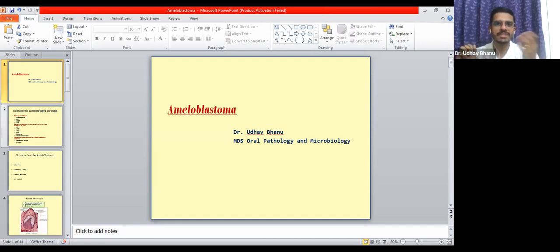The tumors in this group are ameloblastic fibroma, ameloblastic fibroodontoma, ameloblastic fibrodentinoma, calcifying odontogenic cyst or calcifying cystic odontogenic tumor, odontoma, and odontoameloblastoma. Wherever you come across compound names, that is where you get the clue that the tumor is arising from epithelium and ectomesenchymal component.